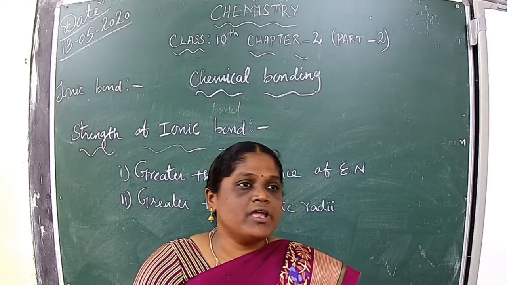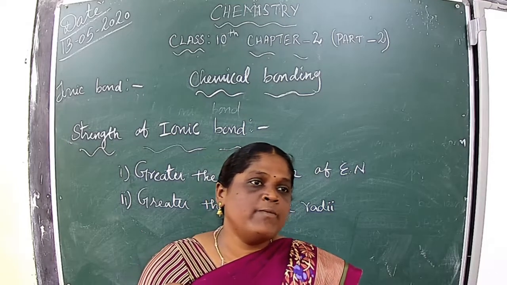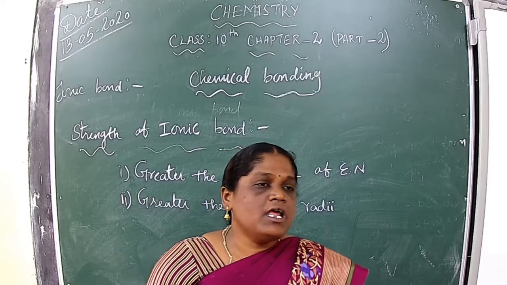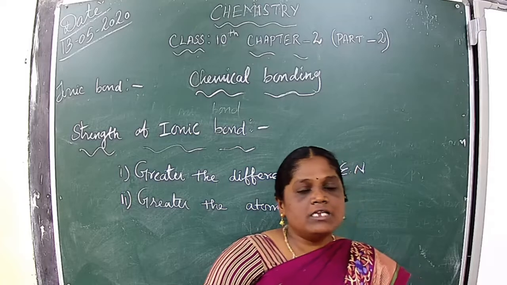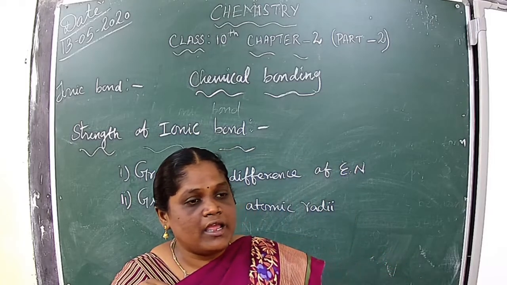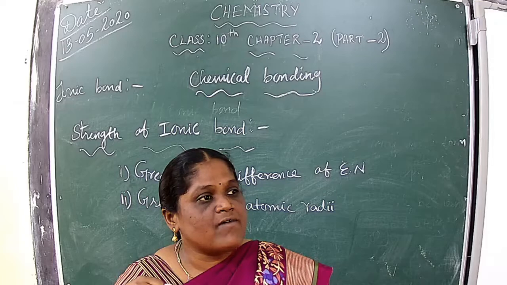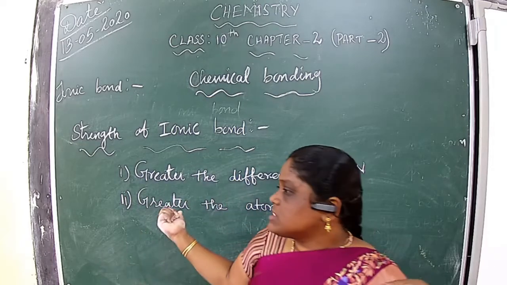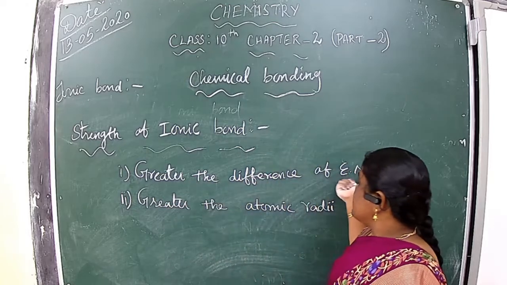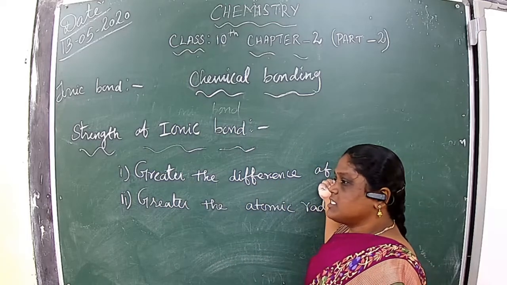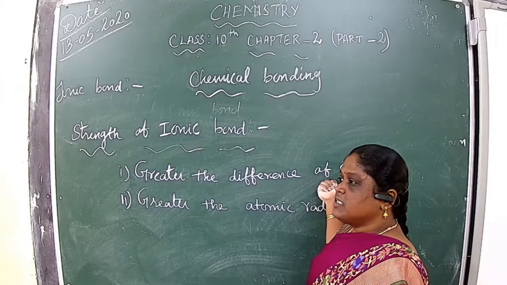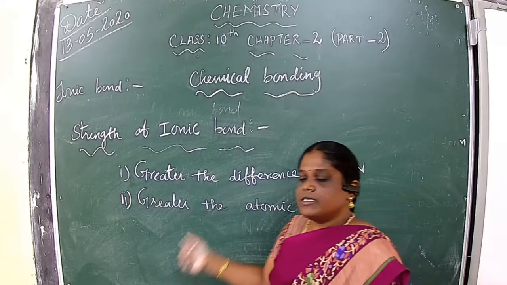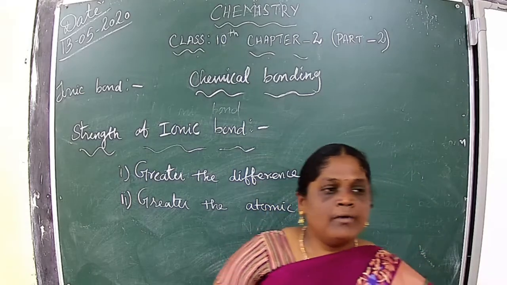So, strength of ionic bond means the magnitude of electrostatic force of attraction between oppositely charged ions, cation and anion. The two factors: greater difference of electronegativity gives greater strength, and greater atomic radii gives greater strength.